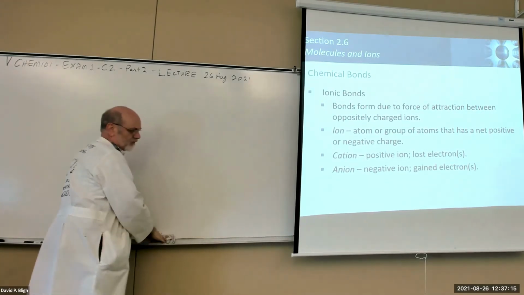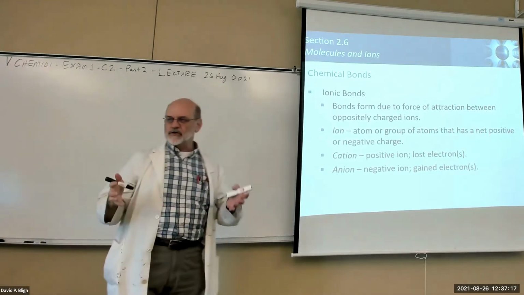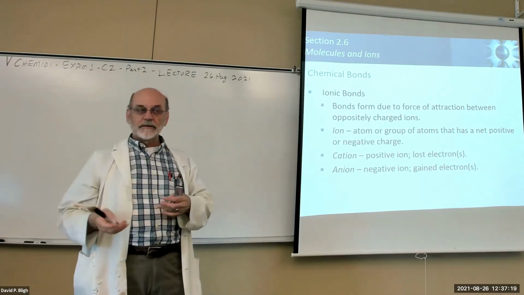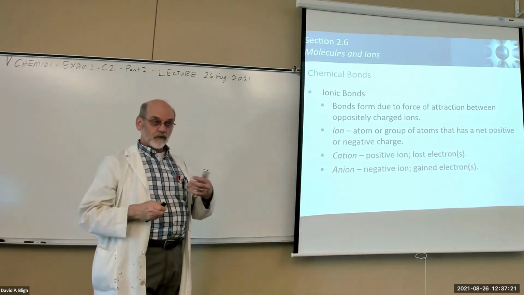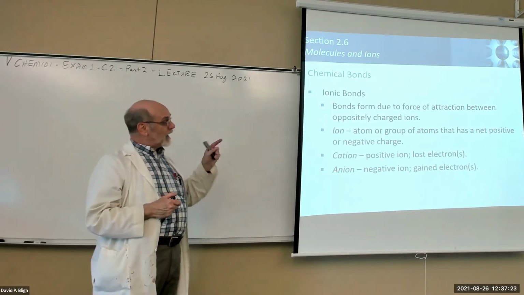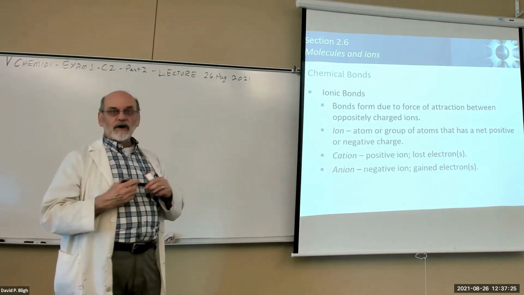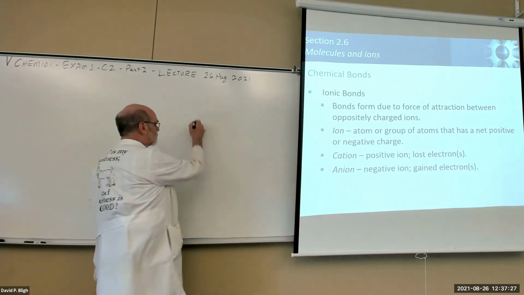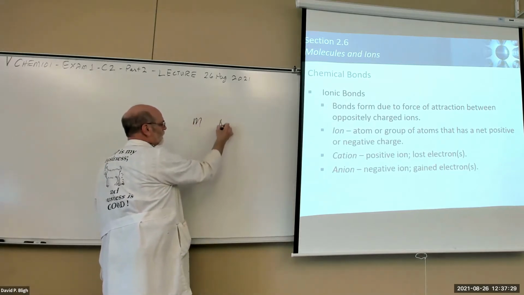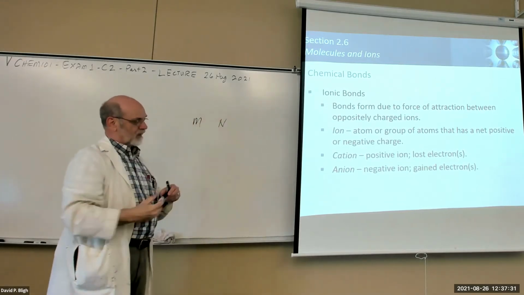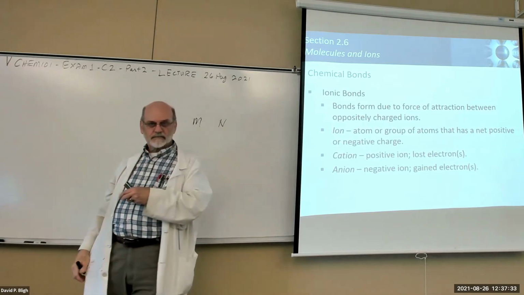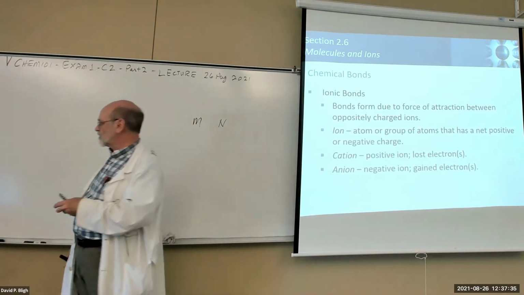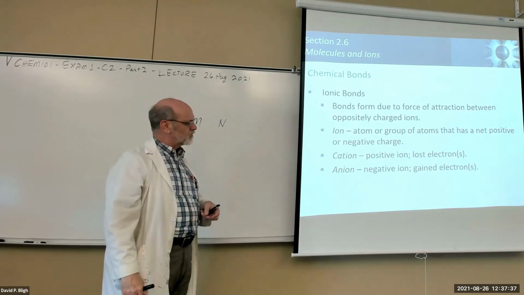We're going to keep it simple for now. Let's just say we have two atoms, and we have the potential for forming a bond. For ionic bonding, one of them is going to be a metal, and the other one's going to be a non-metal.